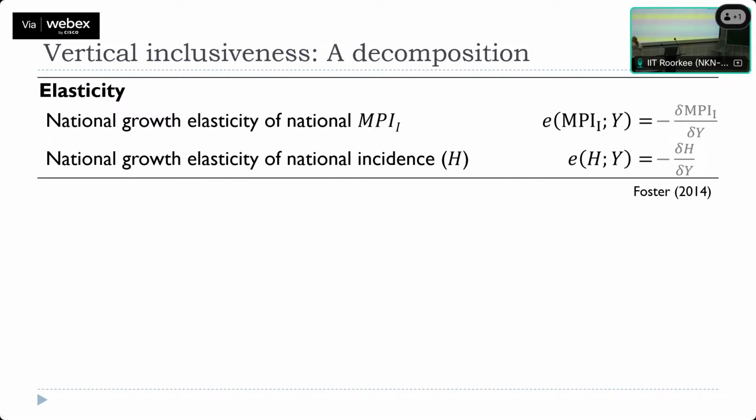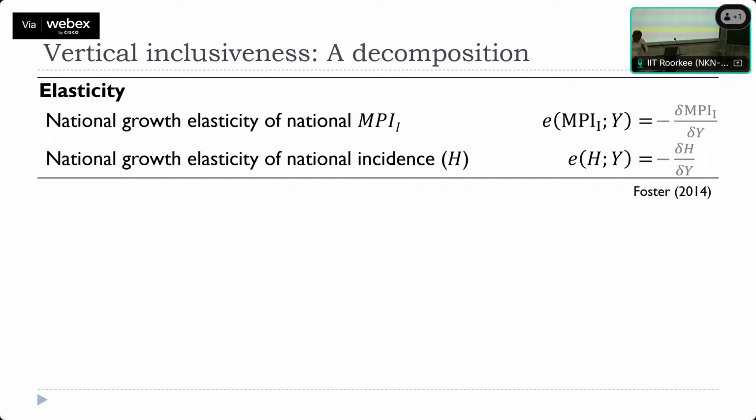Or suppose because of change in growth, you have a change in MPI. Was that change in MPI due to change in the multidimensional headcount ratio, H, or change in A?